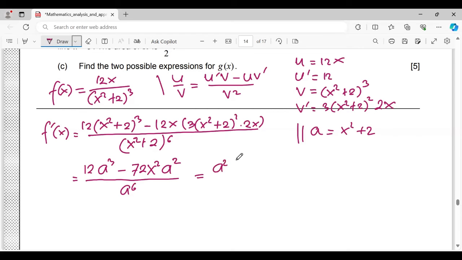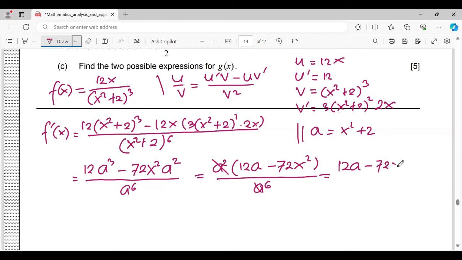It is going to be factorized: 12a minus 72x squared over a to the power 6, and dividing gives (12a minus 72x squared) over a to the power 4.